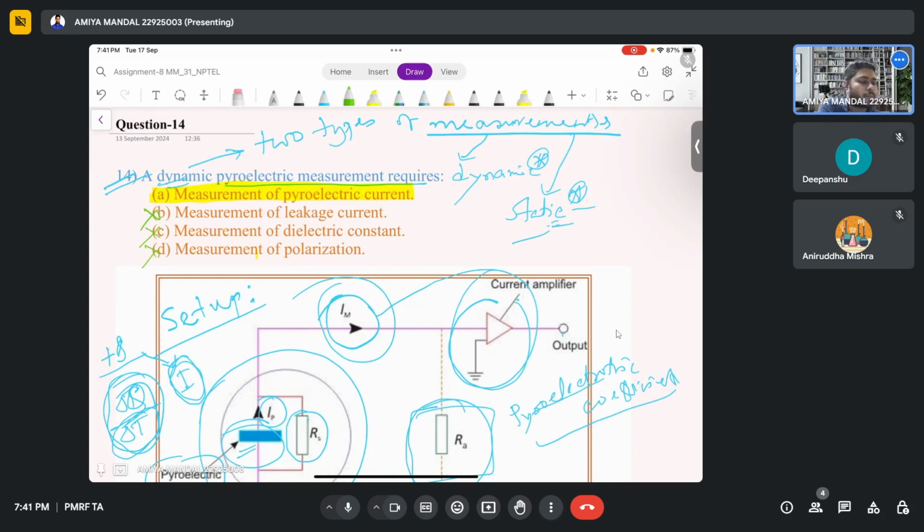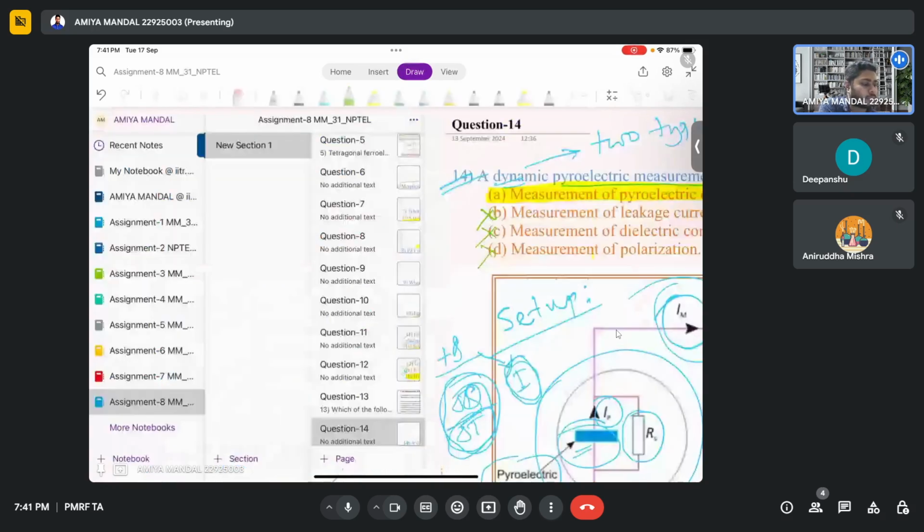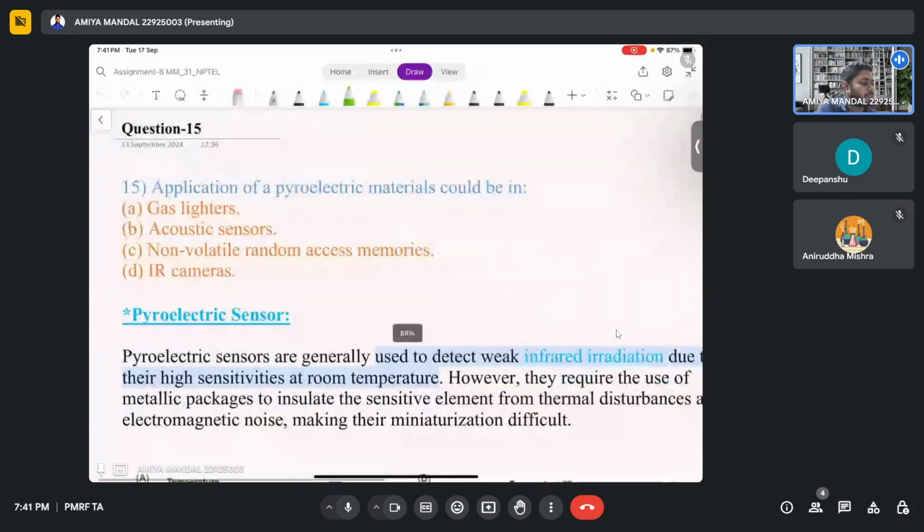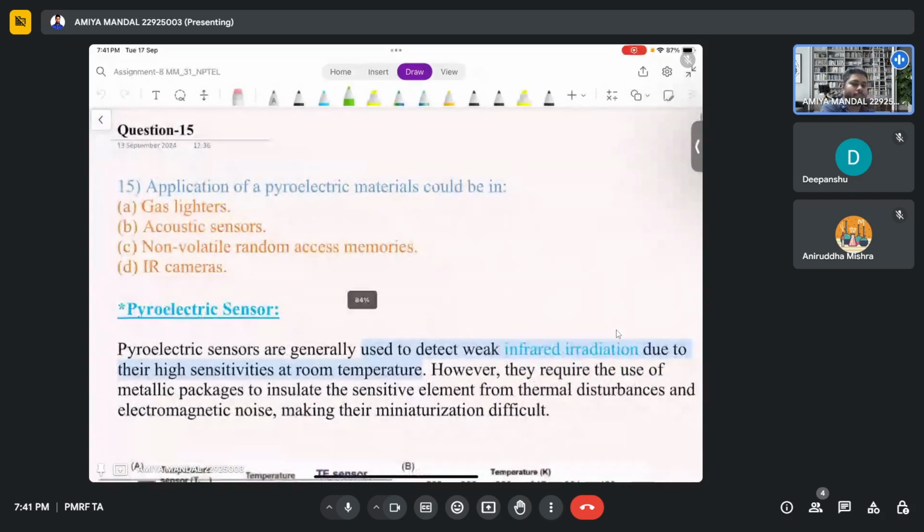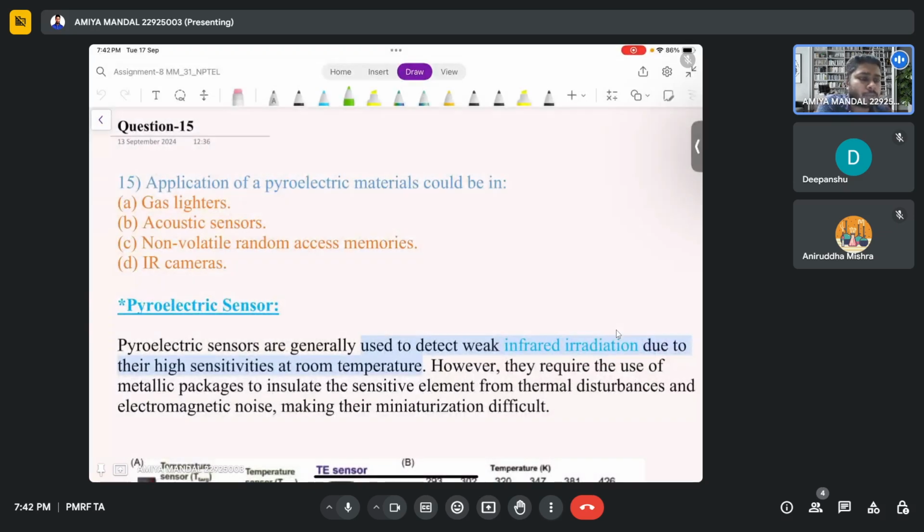You can measure the pyroelectric coefficient. Okay. Next, the last question of this session. This is a very easy, application based question: in which cases are pyroelectric materials applied?